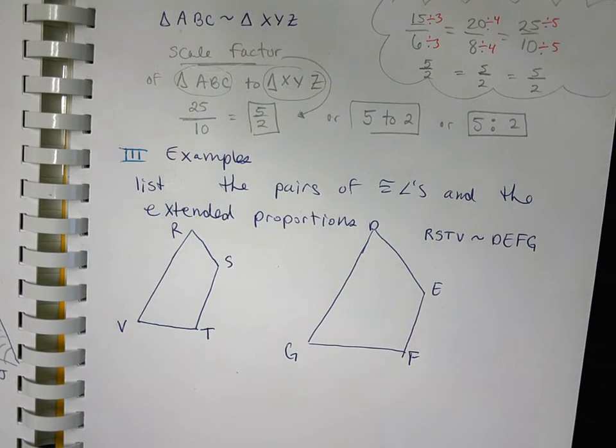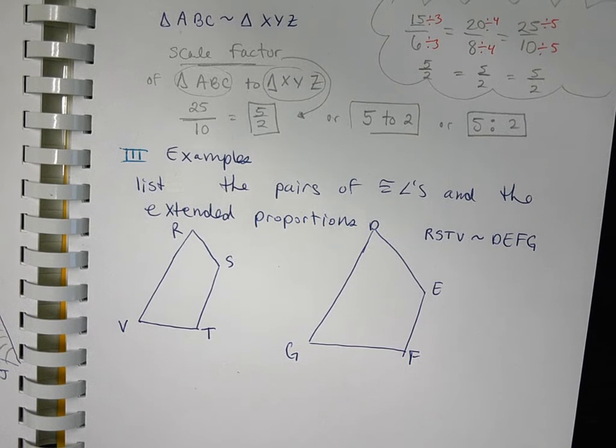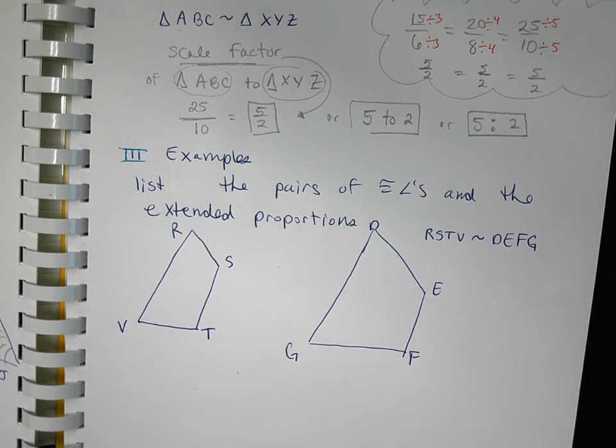How many sets of corresponding angles do I have that are congruent? 4. Let's start with R. R to D, and S to E and so forth, and then do the proportion, the fraction equals fraction equals fraction.